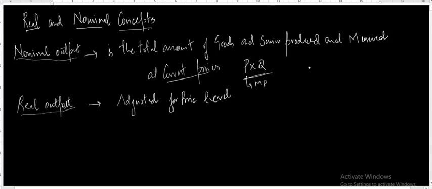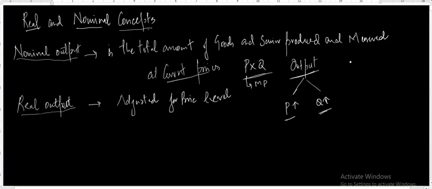Now see, the country's output can increase in two ways: either through a rise in the price or through a rise in the output. In both cases, the country's output is going to increase.